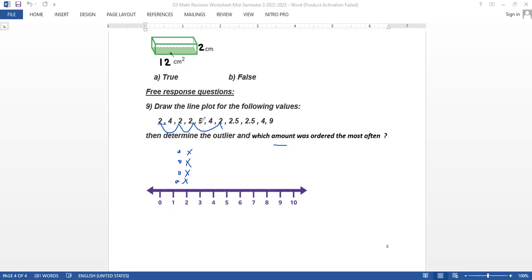The next one is 2.5. Here is 2.5, between 2 and 3. 1, 2, 3, so I put 3 x's.